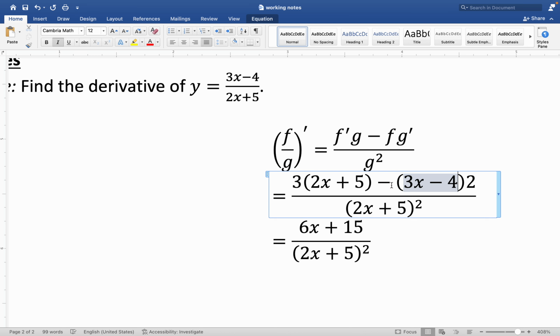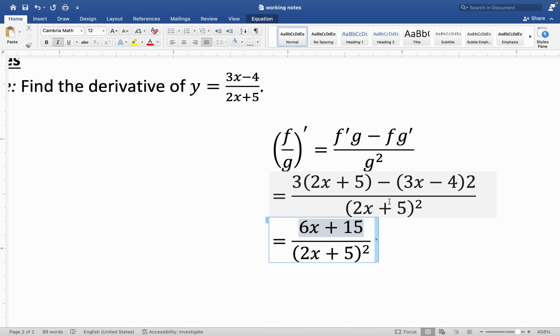And then distributing the 2 here obviously is going to give you 6x minus 8. But you got to be really careful with this minus sign here. You got to remember that this minus sign needs to apply to everything in this entire expression. And when you distribute this 2 here, you're going to get two terms: 6x and minus 8. That minus sign needs to hit both of them.